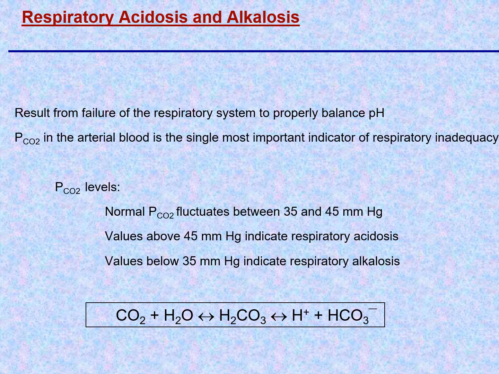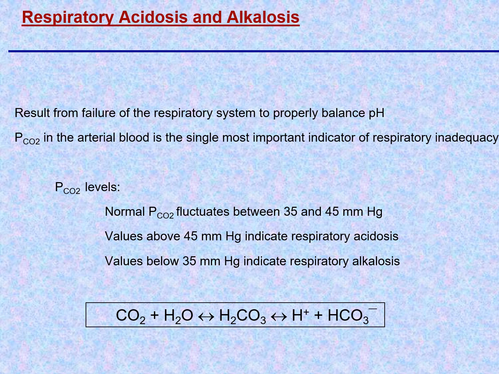All right, now we're going to talk about some metabolic events which alter the pH in the body and are due to either the respiratory system or the renal system, causing changes. Here we're talking about respiratory changes in pH.